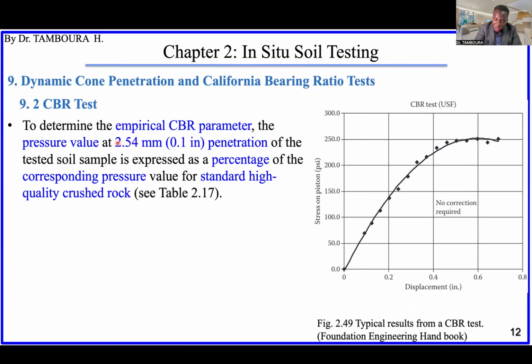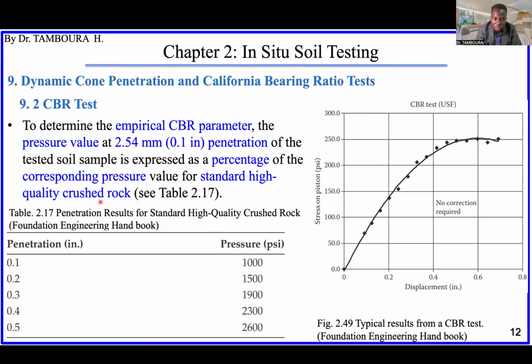Some people will say just 2.5 millimeters. The pressure corresponding to that from your soil sample is compared to the pressure of this high quality crushed rock, this table. You can see that pressure here.